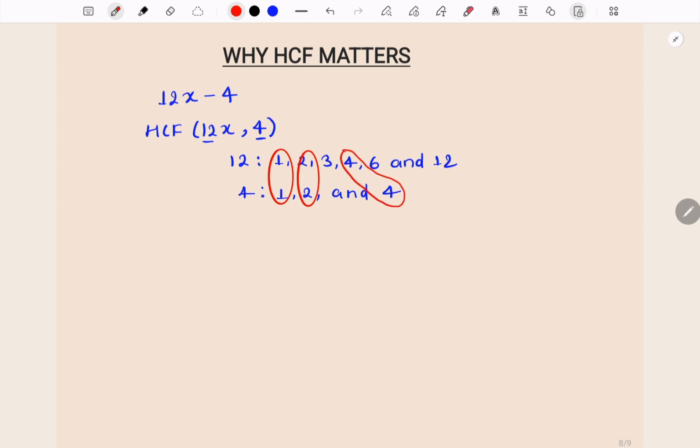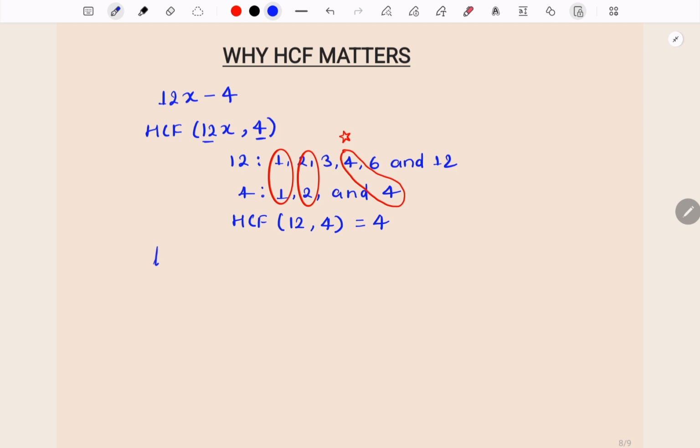These are the common factors. And clearly, 4 is the highest common factor. So, the HCF of 12 and 4 is just 4.